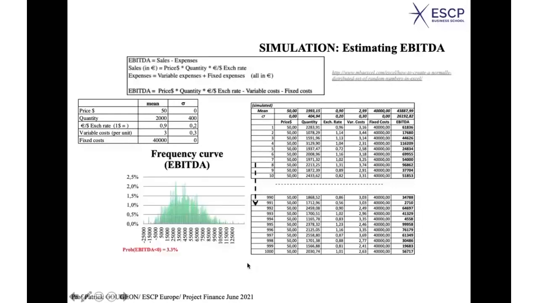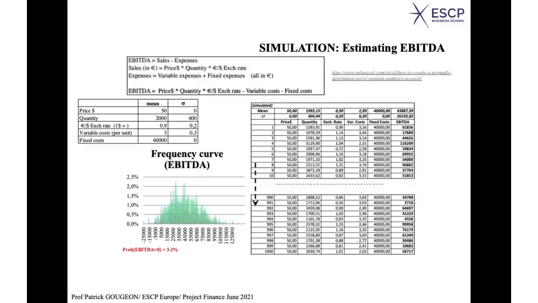If you are concerned with negative EBITDA, you realize, for instance, that you have a probability of 3.3% of an EBITDA below zero. In other words, the number of cases where it is negative corresponds to 3.3% of the values which you have here.